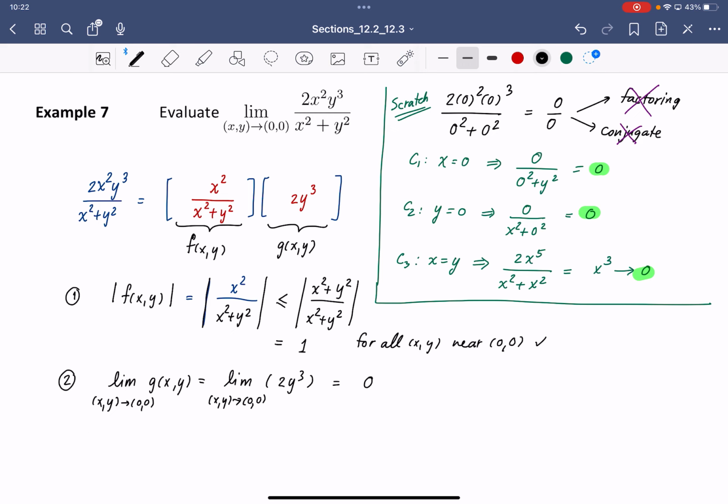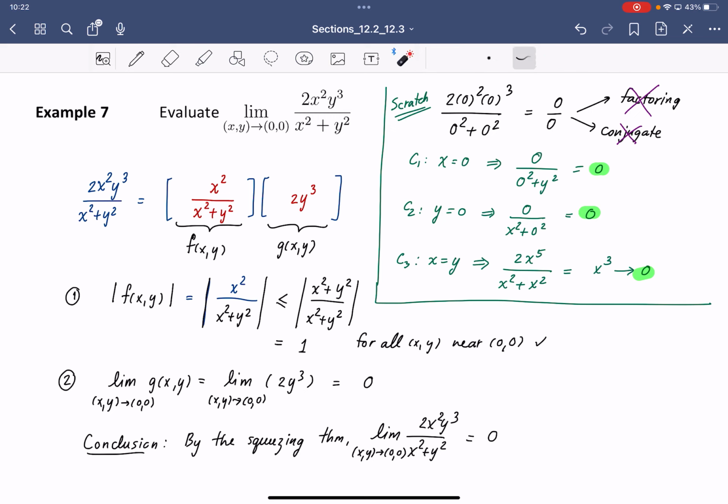And then the conclusion: by the squeezing theorem, we conclude that the limit of f times g, which is the limit of the given function, is actually 0. We're going to come back and talk a little bit about the technique of how to pick f and g. But first, let you jot down and understand the mechanism of the squeezing theorem.